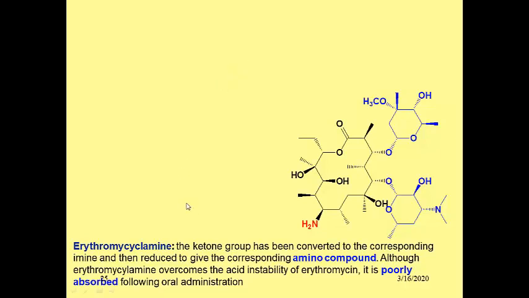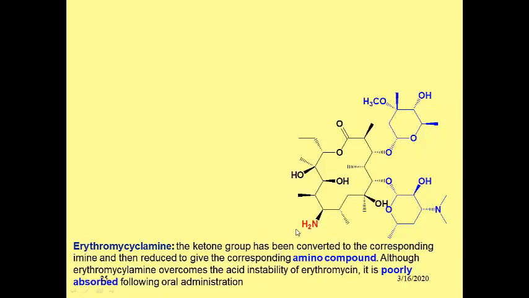Third choice: remove the ketone at carbon number 9 and insert an amino group, so it cannot form ketal. This results in erythromycylamine. But erythromycylamine has poor oral bioavailability.